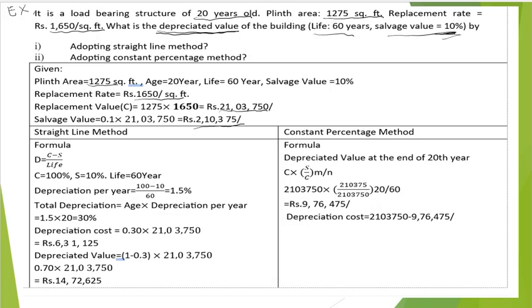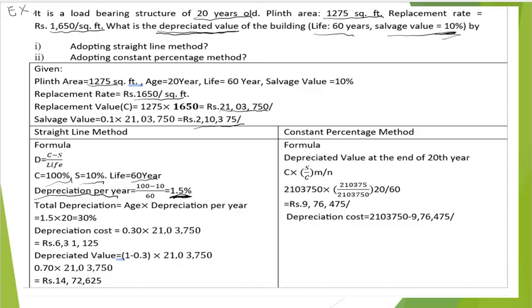In the straight line method, you know the formula, D is equal to (C minus S) upon life. C is 100%, S salvage value is 10%, life is 60 years. So you calculate depreciation per year. Depreciation per year will be (100 minus 10) divided by 60. It is 1.5% per year.